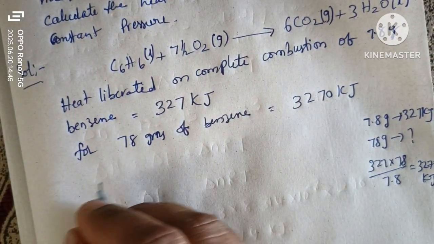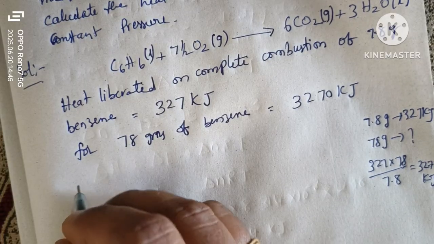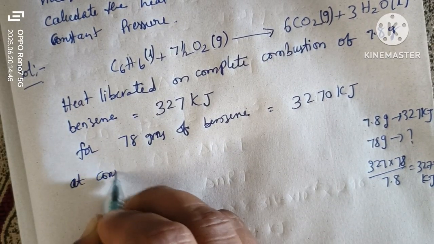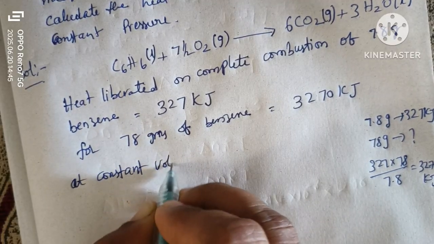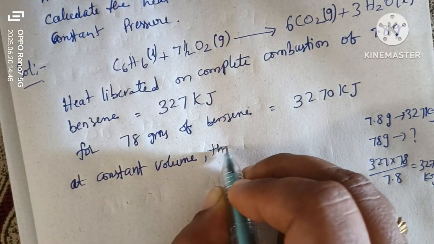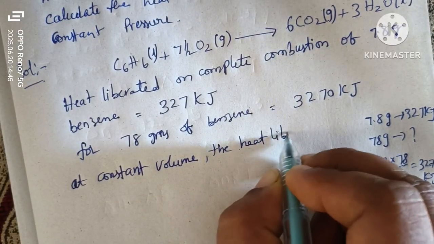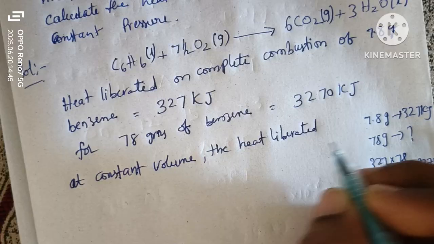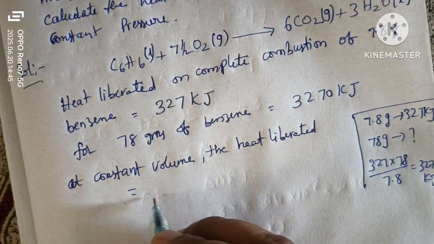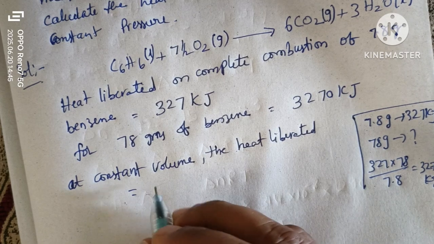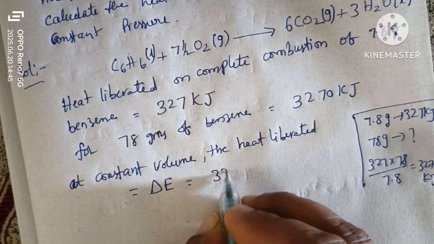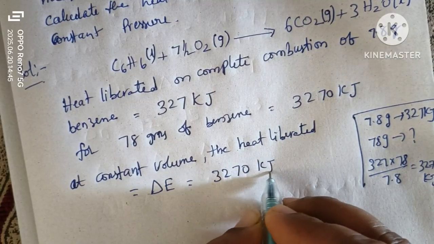So at constant volume, the heat liberated is equal to delta E is equal to 3270 kilojoules.